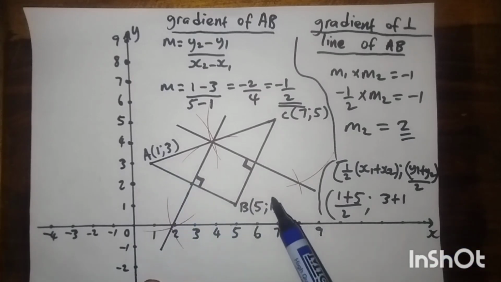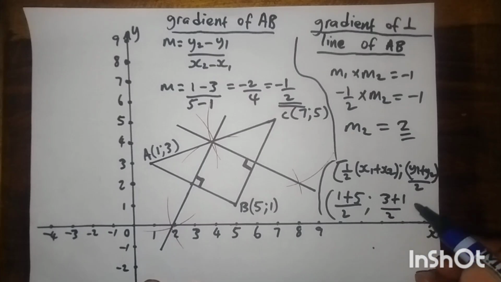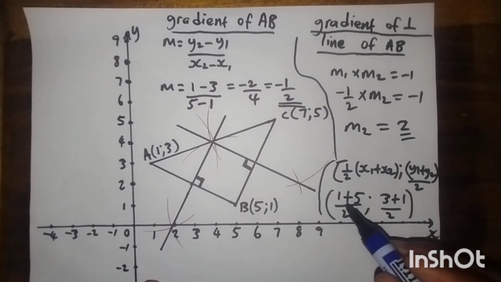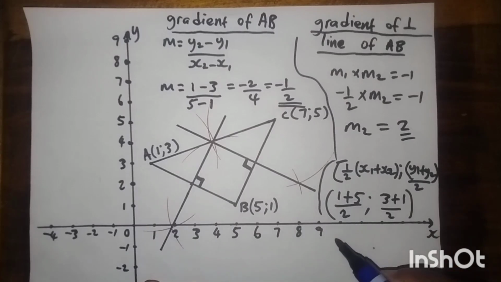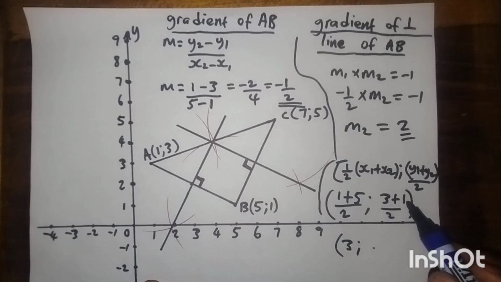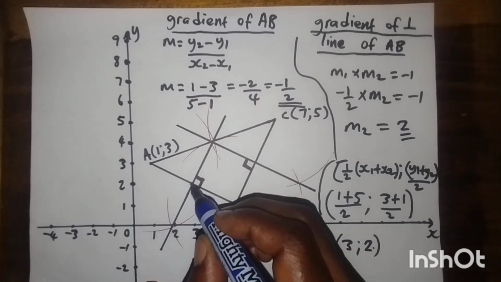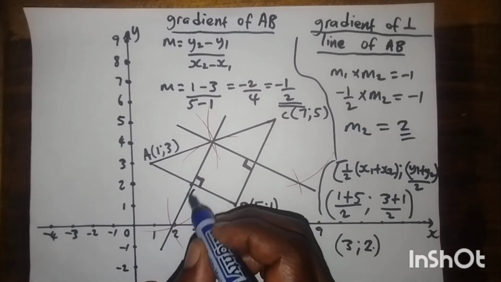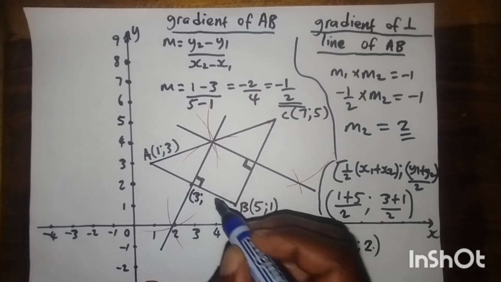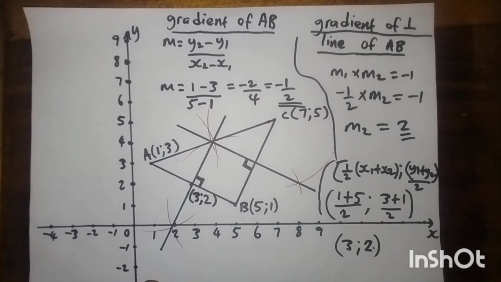Okay, this 3 plus 1 also divided by 2. So finally, for the midpoint of AB, 1 plus 5 is 6 divided by 2, we get 3; 3 plus 1, that's 4 divided by 2 is 2. So (3; 2) is the midpoint of AB, which is here. Okay, so this (3; 2), that's our midpoint of AB.